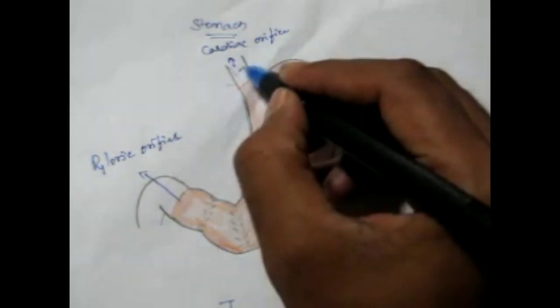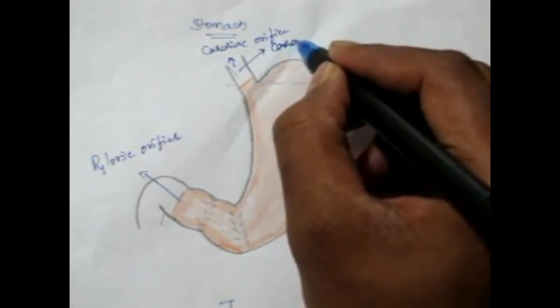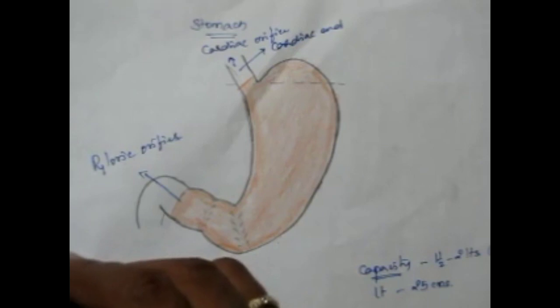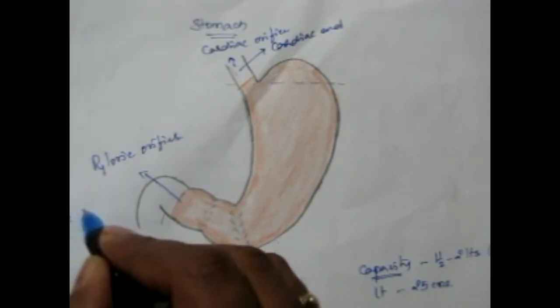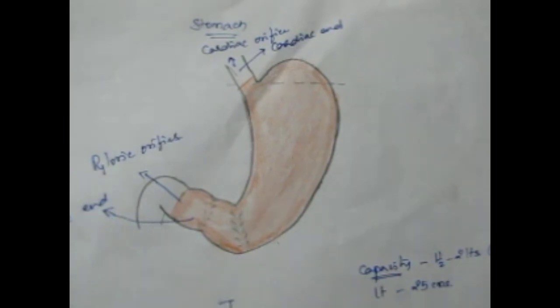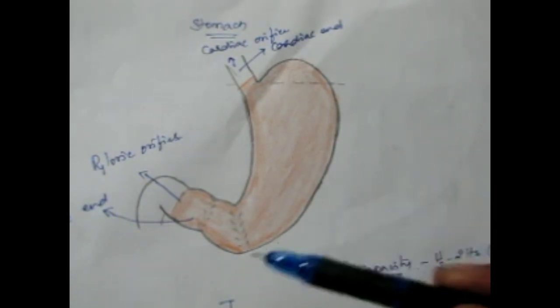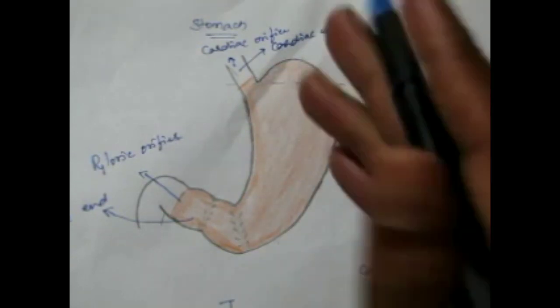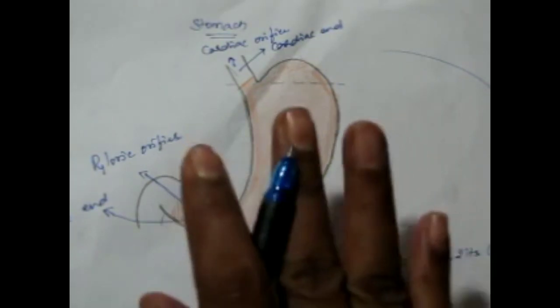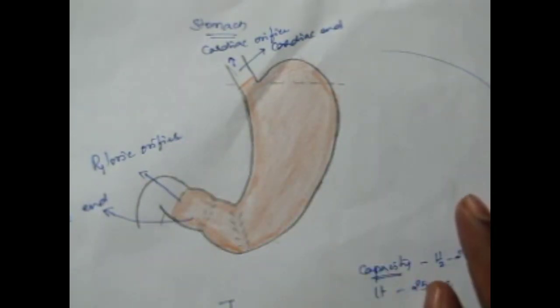Two ends, again cardiac and pyloric end. Two surfaces, anterior surface and posterior surface, sometimes also called anterior superior and posterior inferior surface.